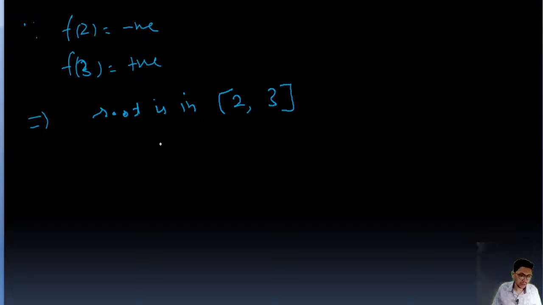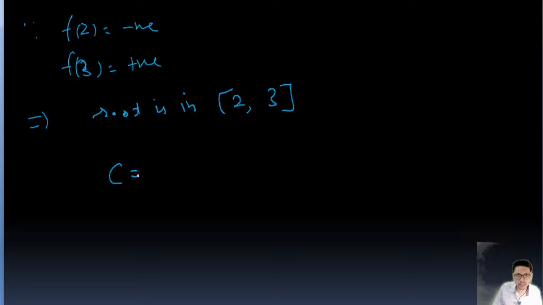So since f(2) is negative and f(3) is positive, a different sign, this implies the root is in the interval 2 and 3.